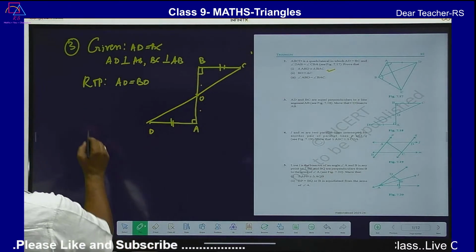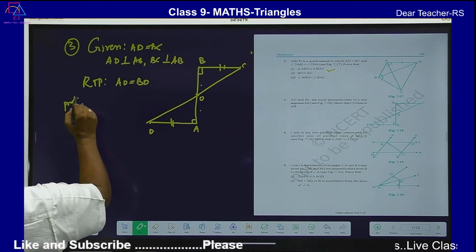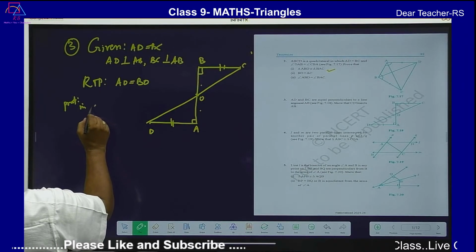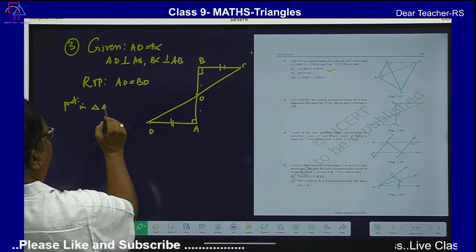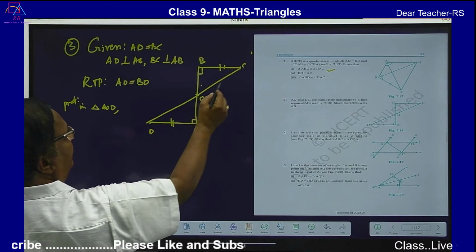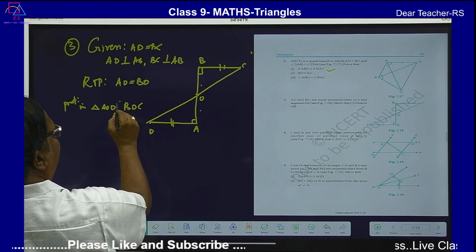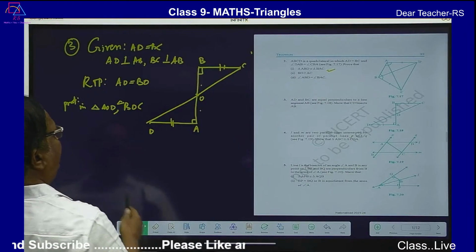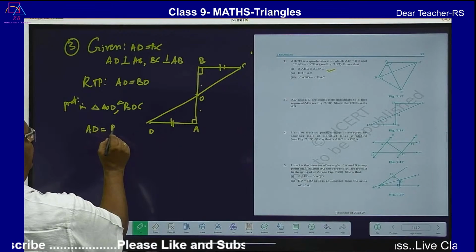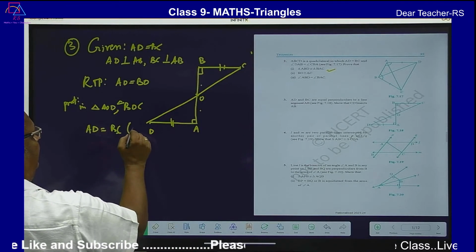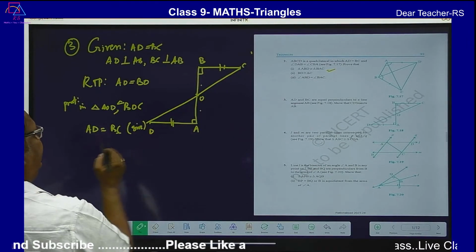So now list out the triangles in the triangle proof. In triangles AOD and BOC, in these two triangles, list out the equal things. One is AD is equal to BC, this is given, and this is 90 degrees.